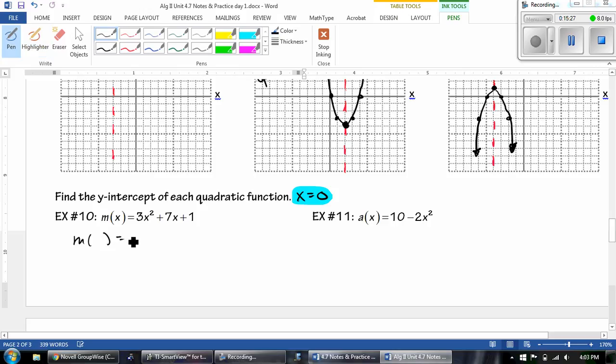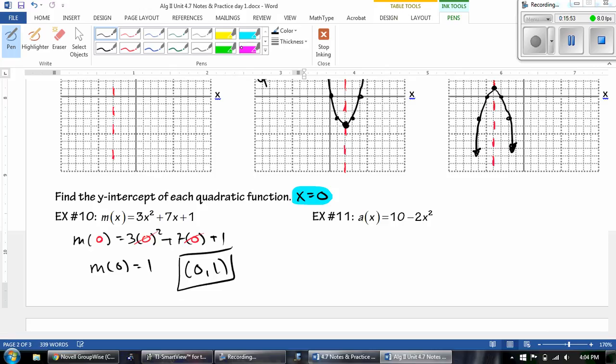M of 0 equals 3 times 0 squared plus 7 times 0 plus 1. So I'm plugging in 0 for everything. 3 times 0 is 0. 7 times 0 is 0. So we get m of 0 equals a positive 1. So our y-intercept is 0, 1 for the first one.